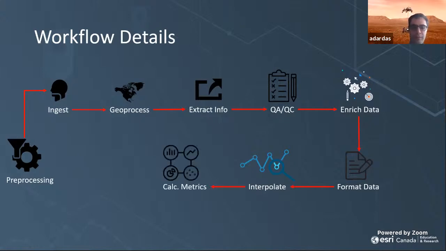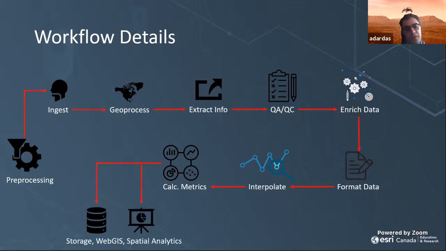After that, we can calculate the headway metrics for each of those stops that are related to one another. And with that, we store them, and we use that data for WebGIS and spatial analysis.